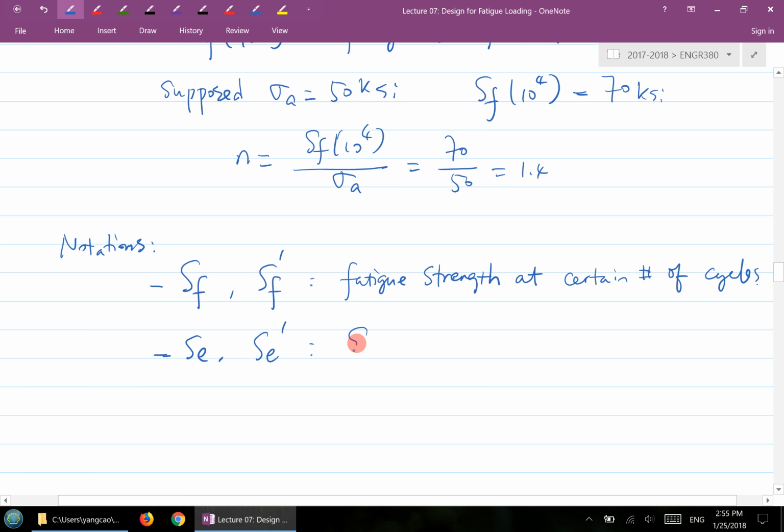They are all the concept of the so-called endurance limit. And the endurance limit, as we just learned, is basically for what? Infinite life, or greater than 10 to the power 6.